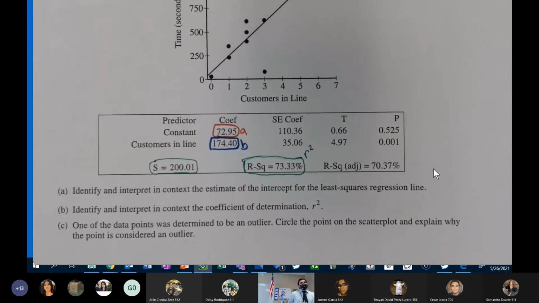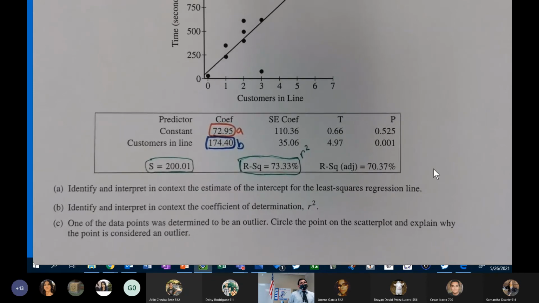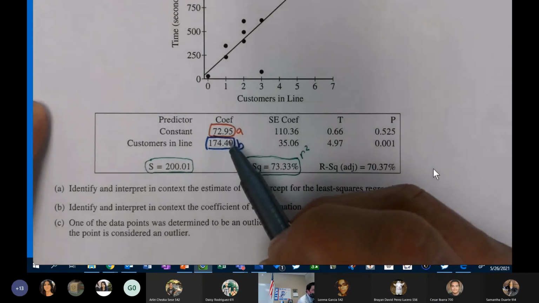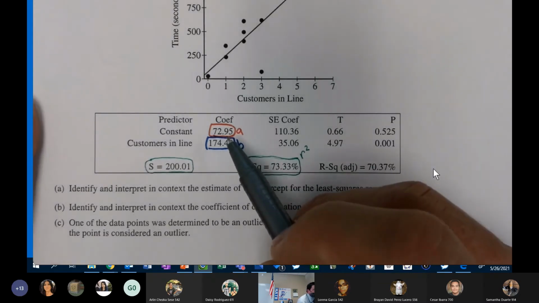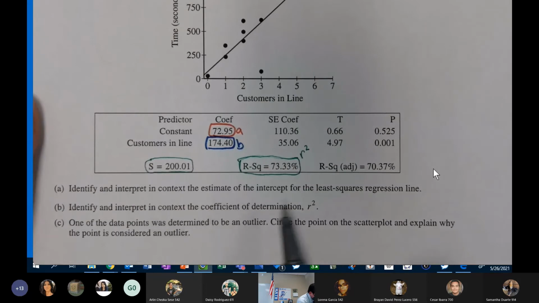Got some questions here. Question A: identify and interpret in context the estimate of the intercept for the least squares regression line. All right, so we've already identified it. It's right here, 72.95. So what does it mean?